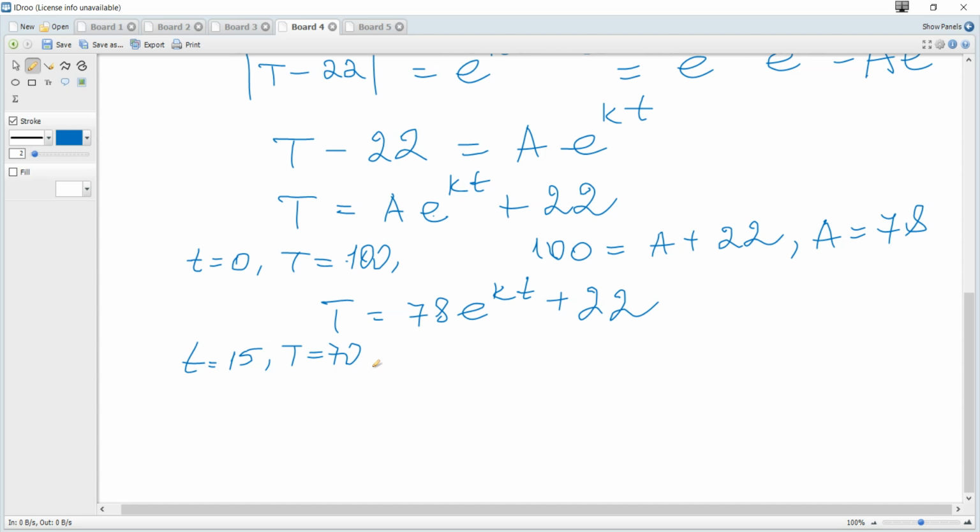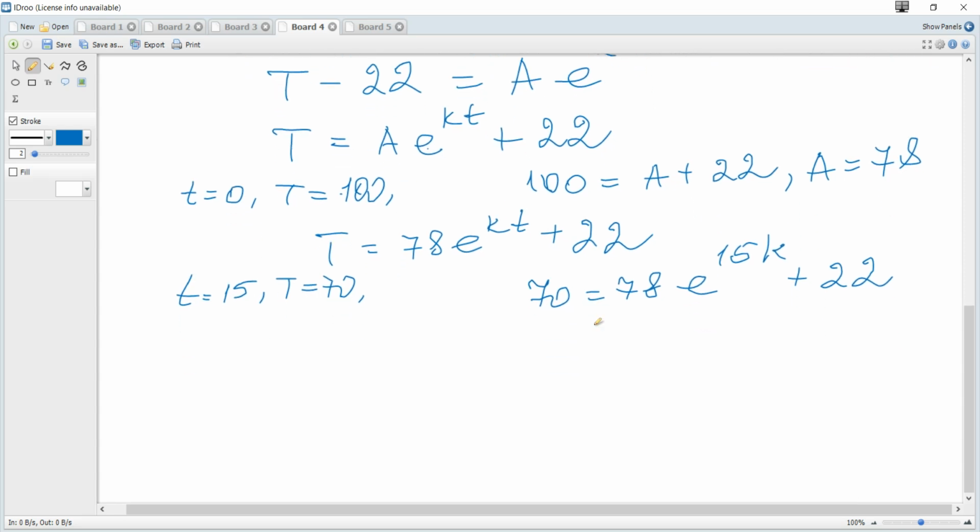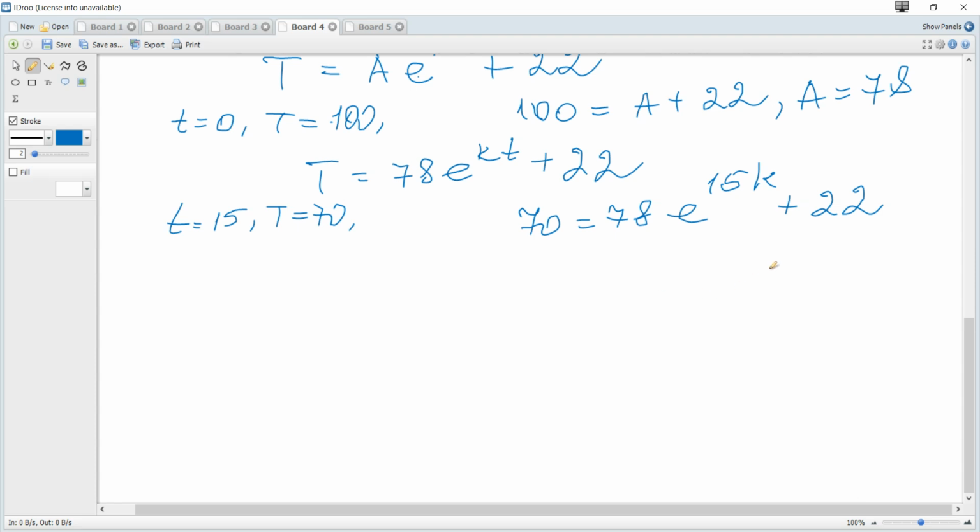So we get 70 is 78 e to the power of 15k plus 22, and how do we solve it for k? 22 to the left, it becomes 48, and divided by 78 we get e to the power of 15k.